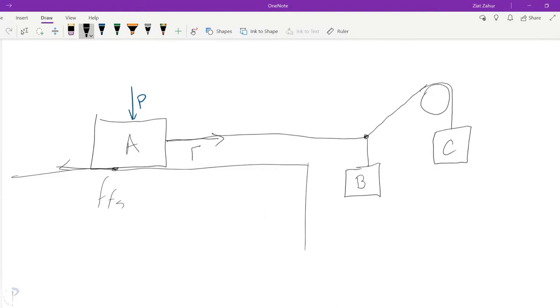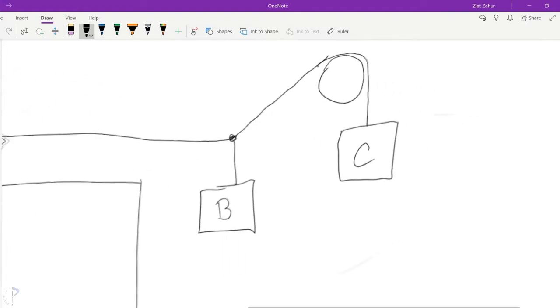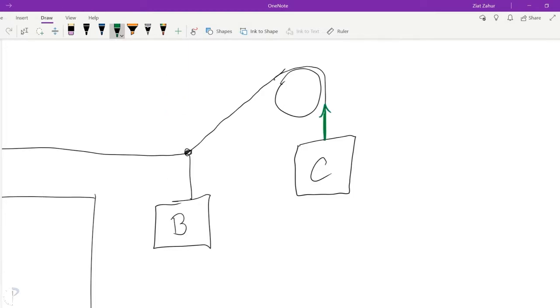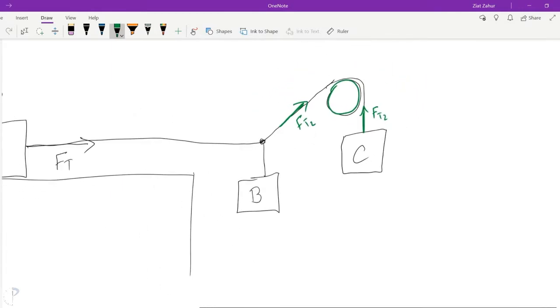Okay, the static force will grow as you pull harder. So let's call this tension, right? So as tension grows, static friction will grow up to the maximum. You don't necessarily need the maximum at all times. Now, over here, we have this tension here. Let's call this tension 2. Okay, holding up C, and because this is an ideal pulley, this tension is also tension 2. And so what is this block B doing?